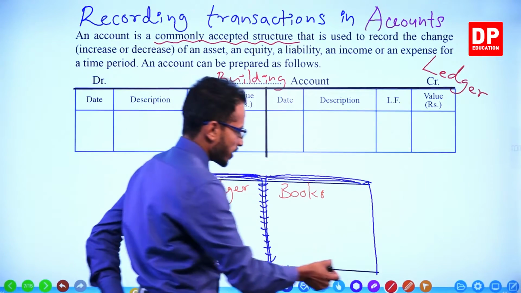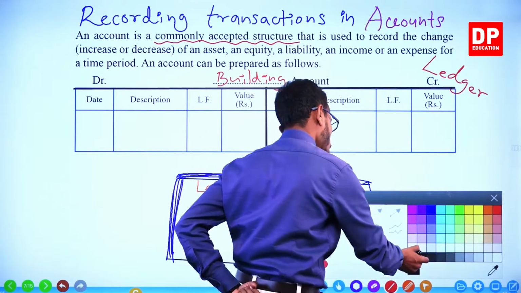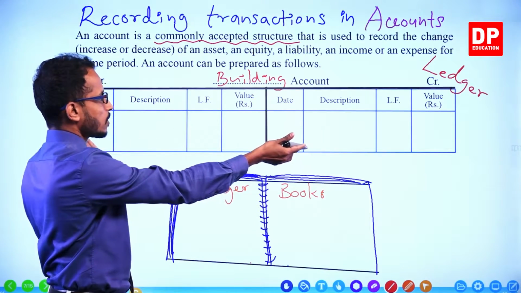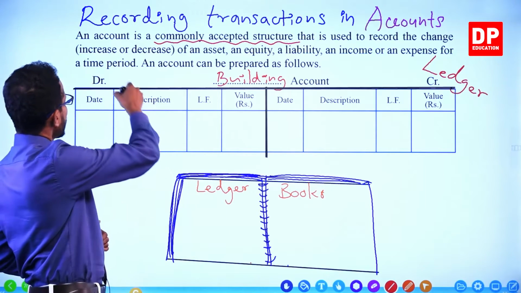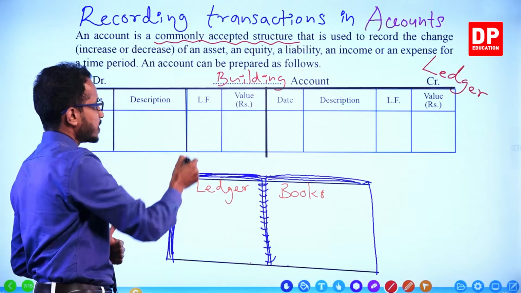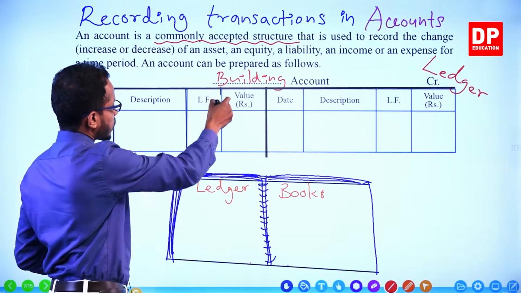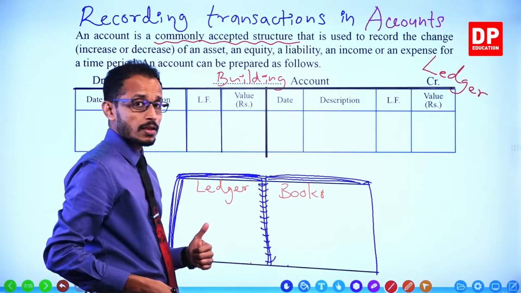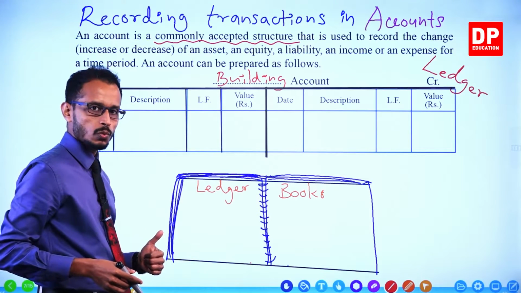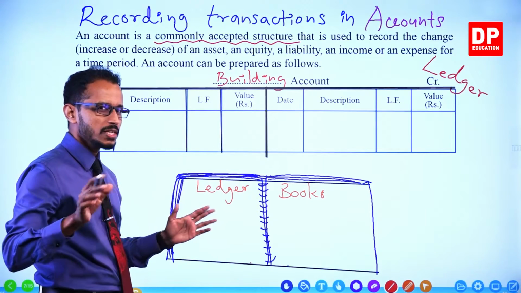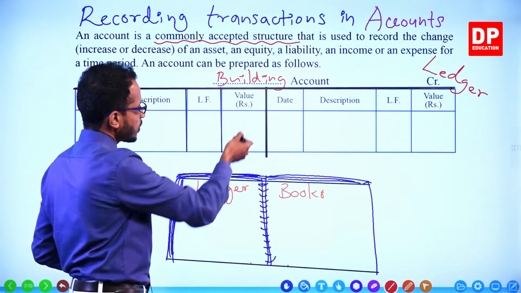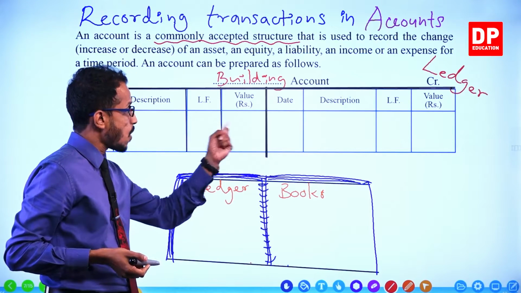Then you can divide your left hand side columns and right hand side columns. One column for the date, one column for description, another column for ledger folio, which will not be used much. And finally, the value column.